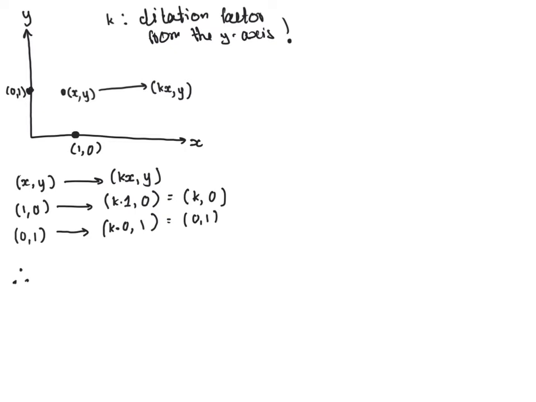Therefore our transformation matrix T equals k 0 and 0 1. That's how we derive the transformation matrix.